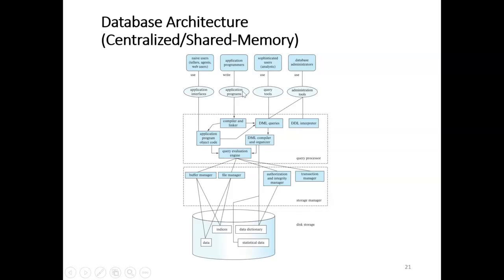For the application programmer, they're going to use application programs, and through the compiler and the linker, generate application object code, and then interact with the query evaluation engine for execution.